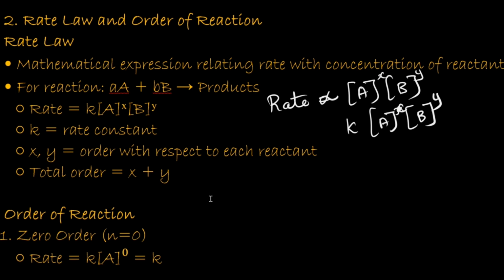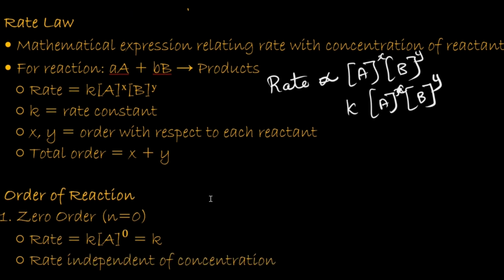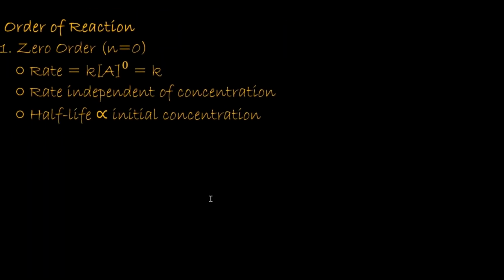Let's see what the orders of the reactions are. The first one is the zero order reaction, which means the sum of the powers of the concentration becomes 0. The rate is written as K[A] to the power 0, that gives K. So rate is equal to the rate constant, independent of the concentration.